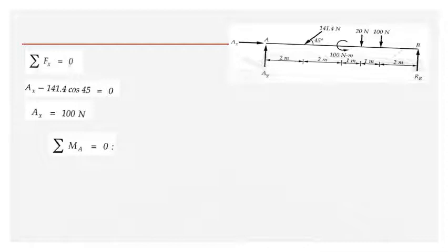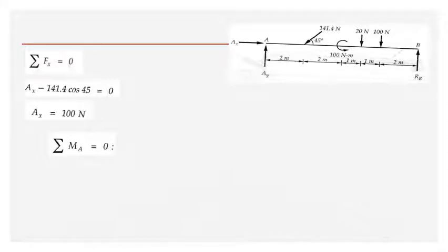The horizontal component of 141.4 cos 45 is not producing moment as it passes through the point A. The vertical component 141.4 sin 45 produces the moment. What is the moment of that? 141.4 into sin 45 into 2 meter. That is the distance from the A.